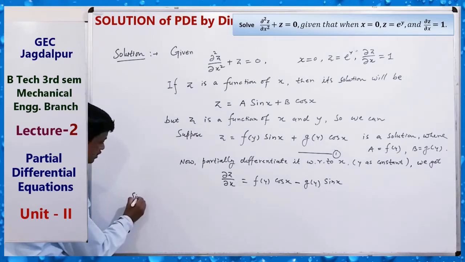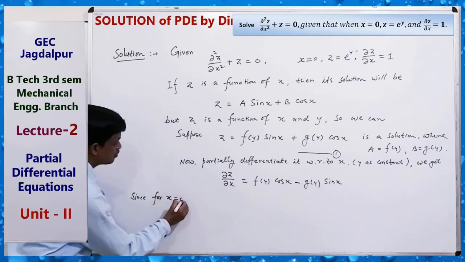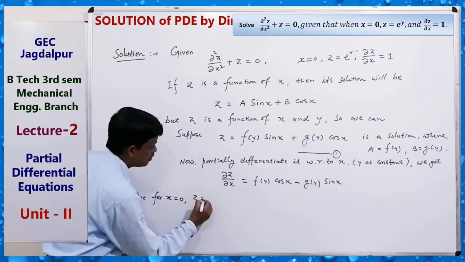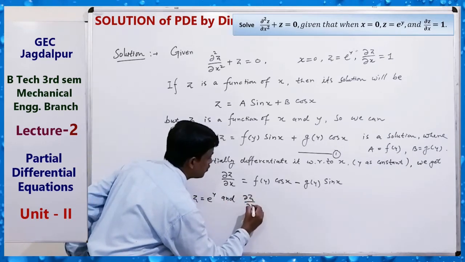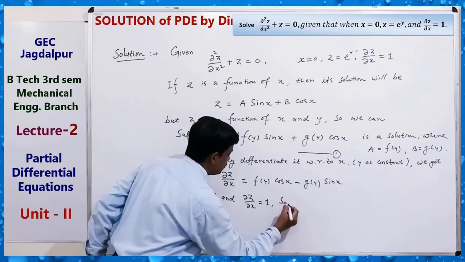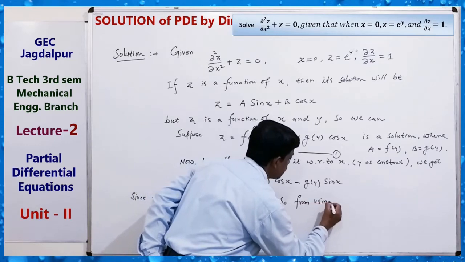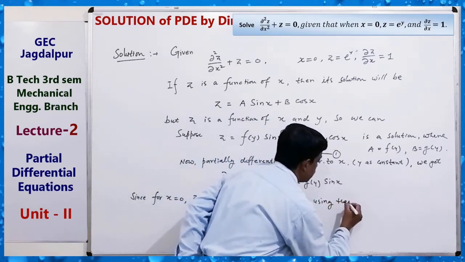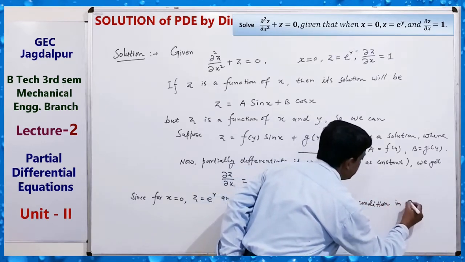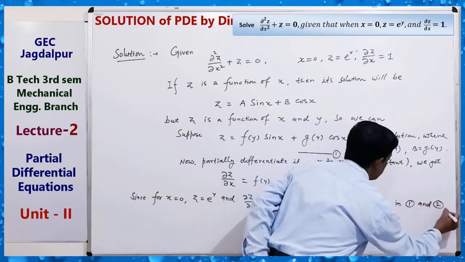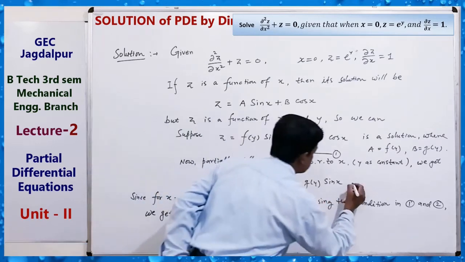Since for x equals to 0, z equals to e to the power y and del z upon del x equals to 1, using this condition in 1 and 2, we get, 1 and 2 meaning this is 1 and this is 2.